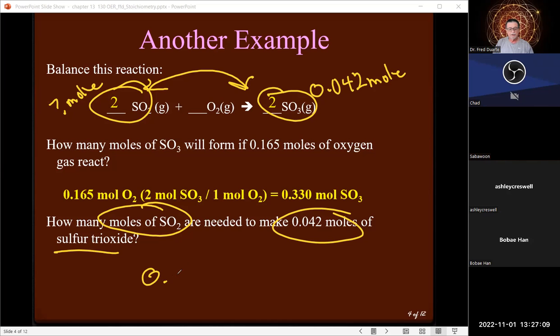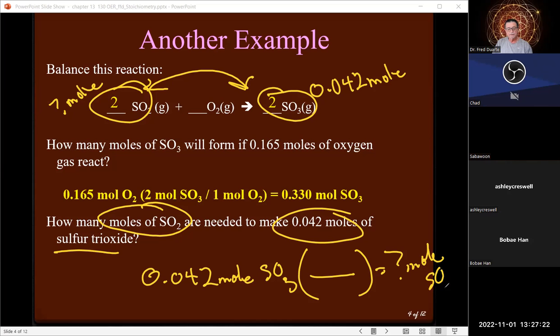So we write down what we're given. Okay, sulfur trioxide. Obviously, we have a conversion factor. We're looking for moles of sulfur dioxide. So we want SO2 in the numerator, SO3 in the denominator. Okay, and so it's a 2-to-2 relationship from the balanced chemical equation, which is essentially a 1-to-1, right?